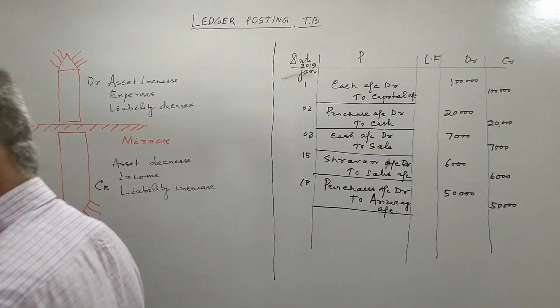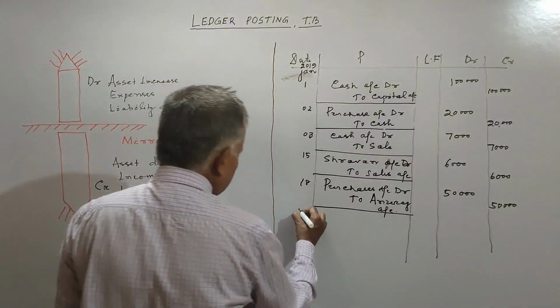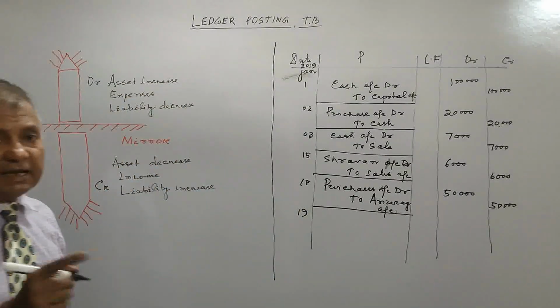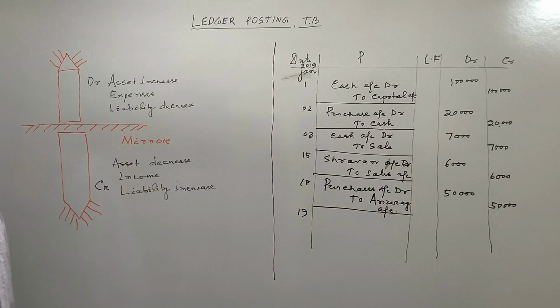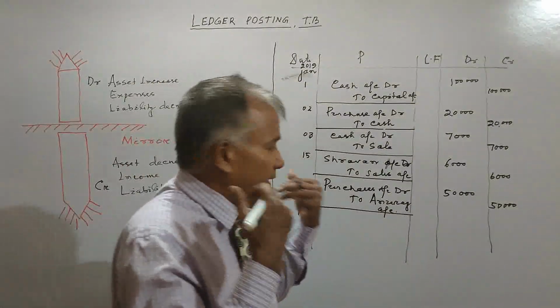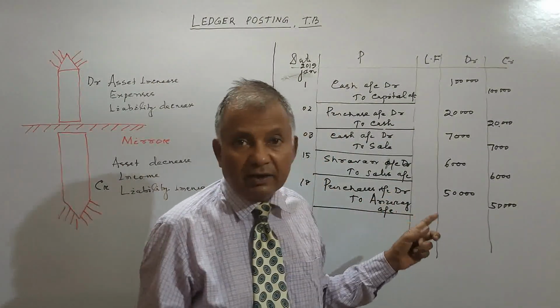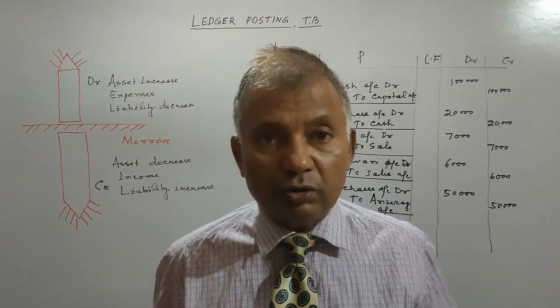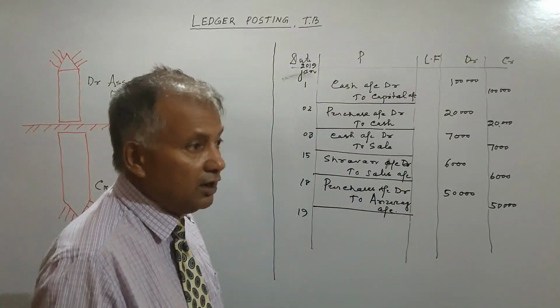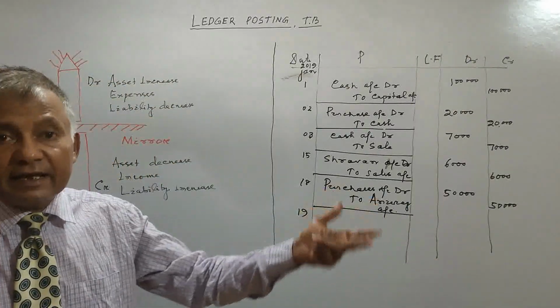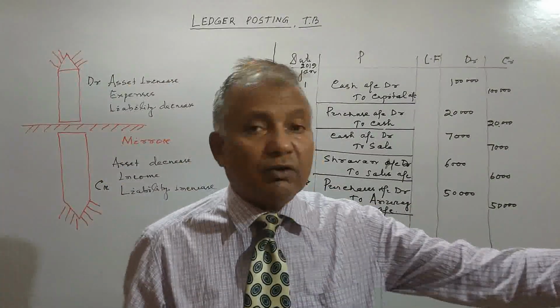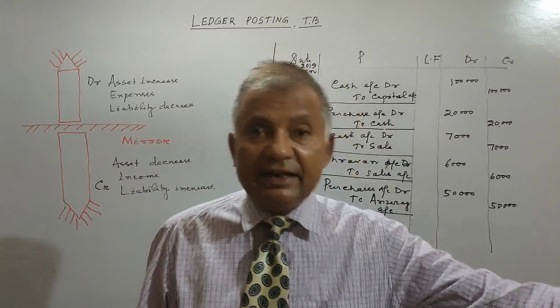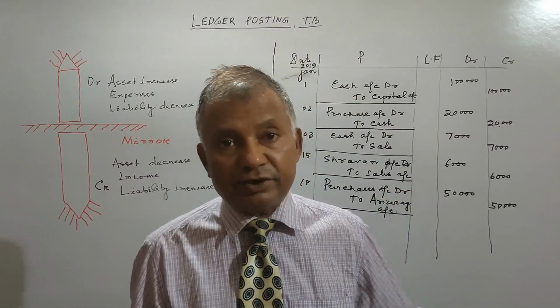Then we are coming to the next entry on 19th. Return goods to Anurag 5,000. So it is a purchase return. When goods are coming in, this is purchase debit. In case of return, the goods are going out, so it will be credit. So purchase return is a credit because the goods are going out, asset decrease, stock decrease.